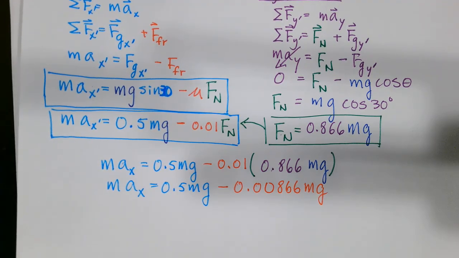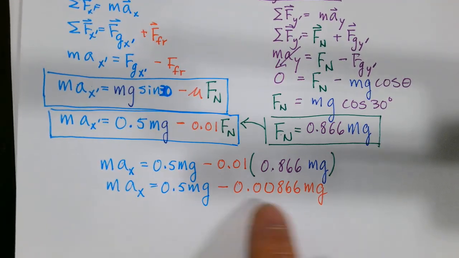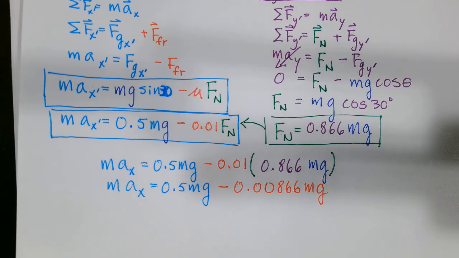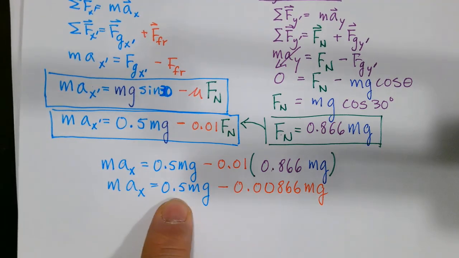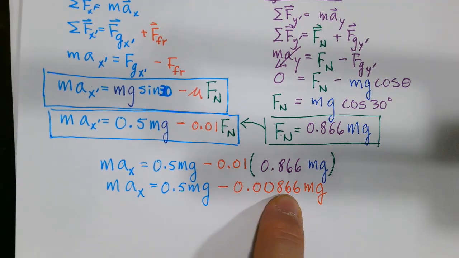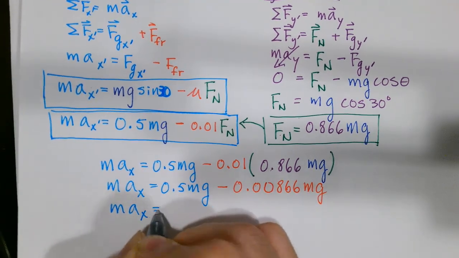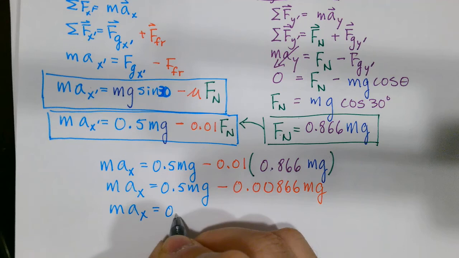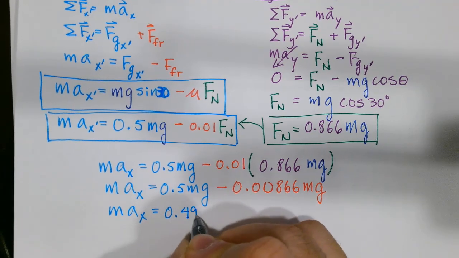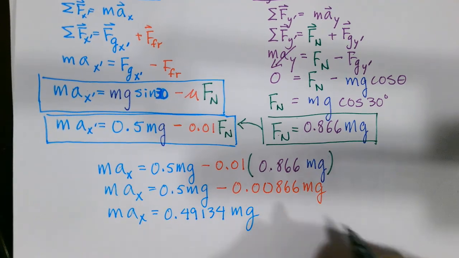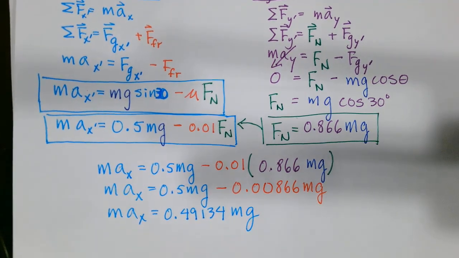All right, so if I add these two, it's 0.5 minus that, really. So my m a_x is equal to 0.49134 mg. Guess what?